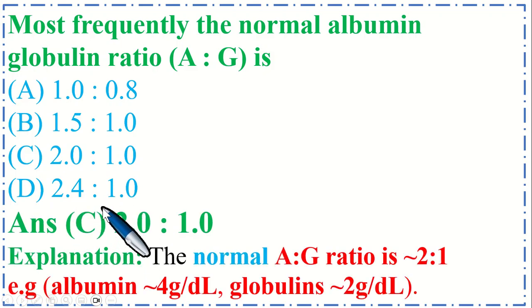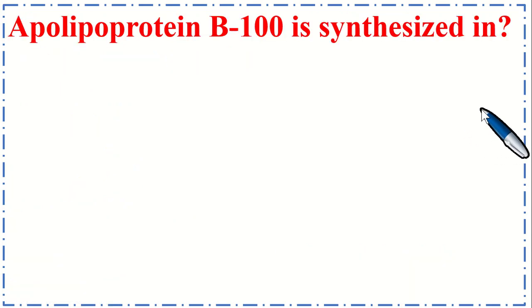So the correct option is C, 2.0 to 1.0. The explanation is that the normal albumin globulin ratio is 2 to 1. For example, albumin 4 gram per deciliter, globulins 2 gram per deciliter. Dear students, this is a very important MCQ.